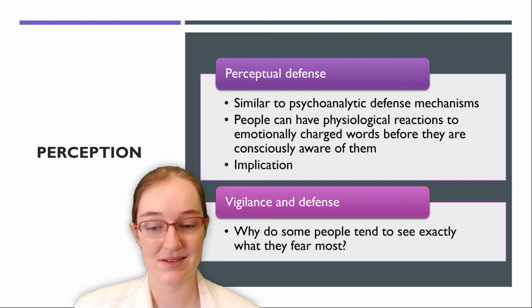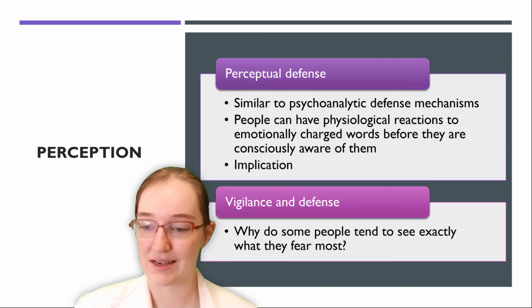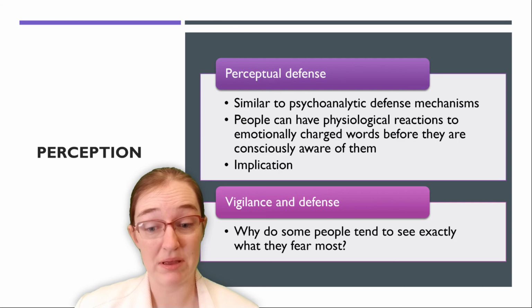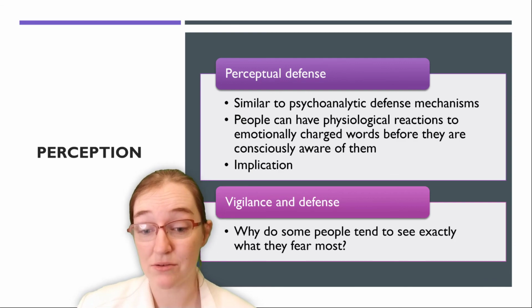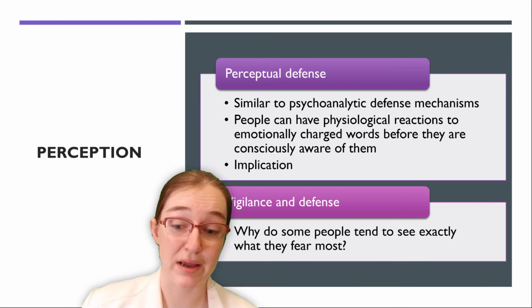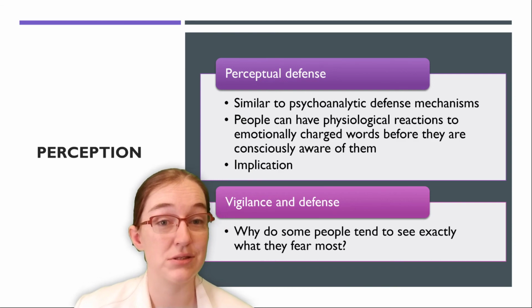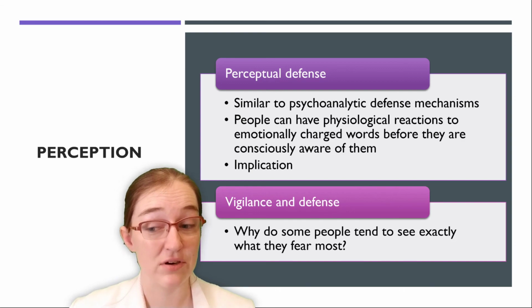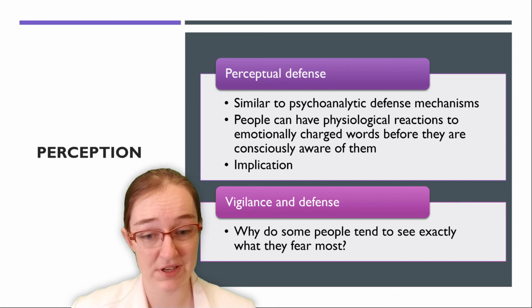Vigilance and defense. The idea here is to ask ourselves, why do people tend to see exactly what they fear most? Those that are shy are more likely to see social rejection everywhere. There are a lot of different possible answers for this.